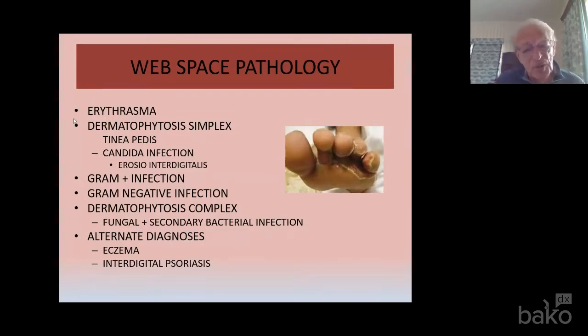Erythrasma, as you know, is caused by Corynebacterium minutissimum. We may have just a primary fungal infection, which can be a dermatophyte or not infrequently candida. And don't forget candida infections in immunocompromised patients, not only diabetics, but all these patients we're seeing now that are on immunosuppressive therapies or biologic therapies for inflammatory bowel disease, for inflammatory arthritis, post-transplant, as well as our diabetic patients and our vascularly compromised patients.